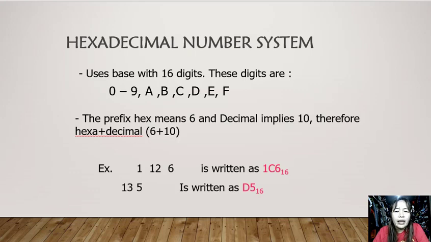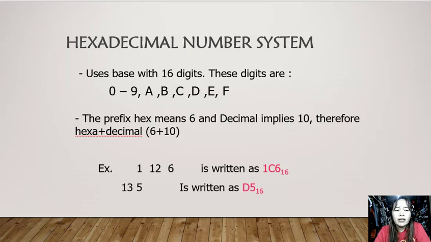On the other hand, if you say 13, 5 in hexadecimal form, 13 should be written as the letter D. Remember, A is 10, B is 11, C is 12, and D is 13. So D5 with a base of 16 is a valid hexadecimal number representation.